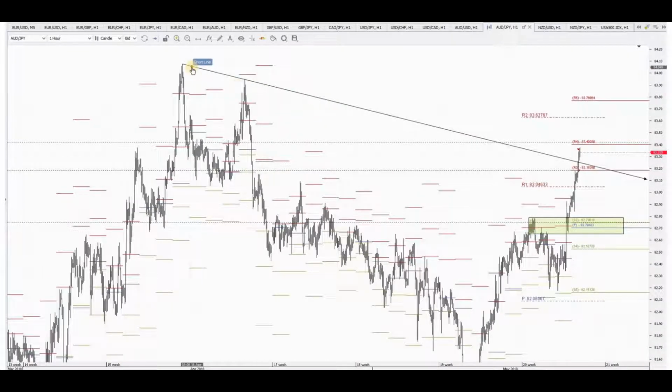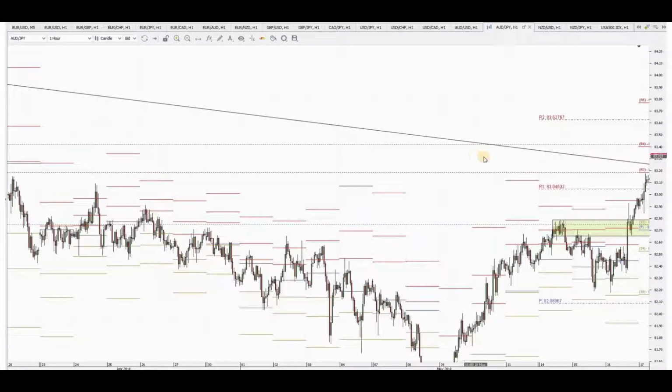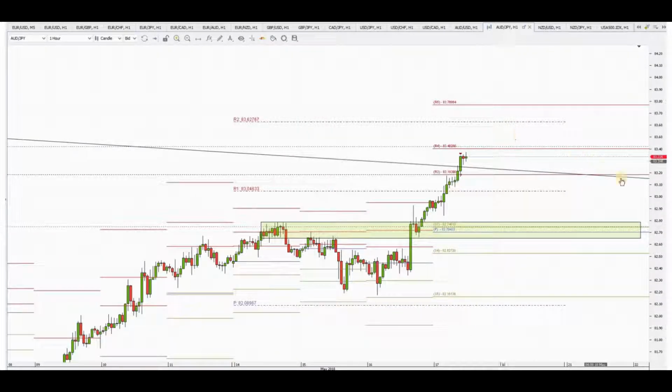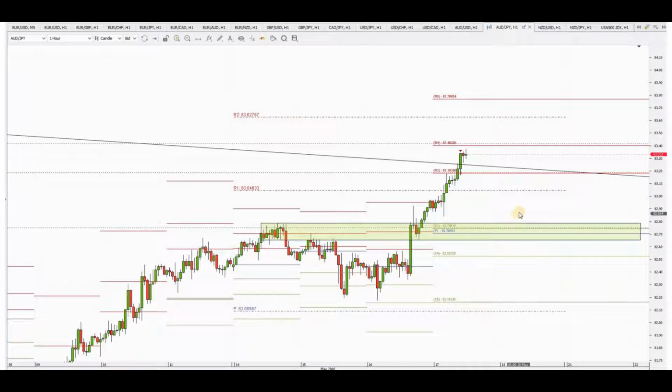But I didn't close the trade for one reason: it went to this trend line, and it broke above. So right now I'm kind of hesitant, and I shouldn't have done it, so mea culpa.